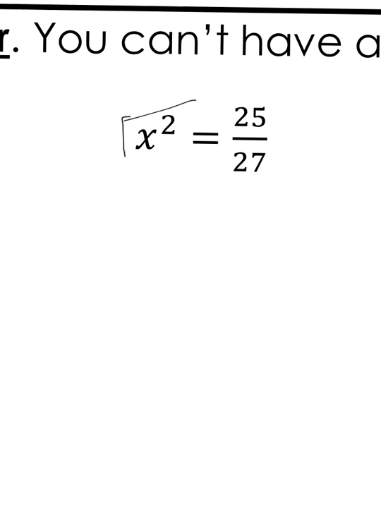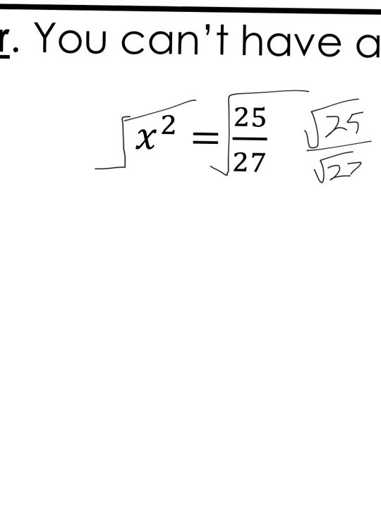So I have x squared equals 25 over 27. So I'll square root both sides. And so we've got to think about what's the square root of 25 and then what's the square root of 27. Okay, so the square root of 25 is 5. And the square root of 27 can be simplified. So I'm going to write the square root of 27 as the square root of 9 times 3, because 9 times 3 is 27.